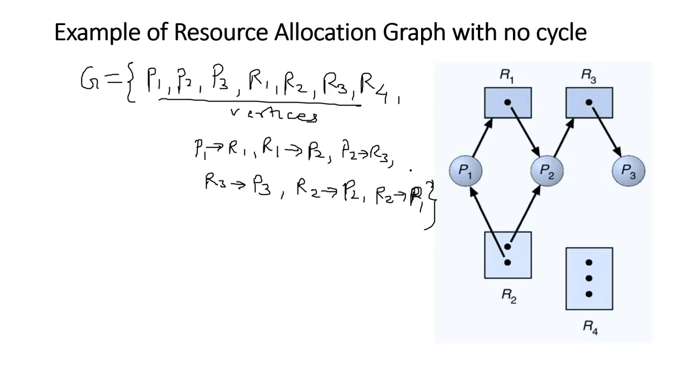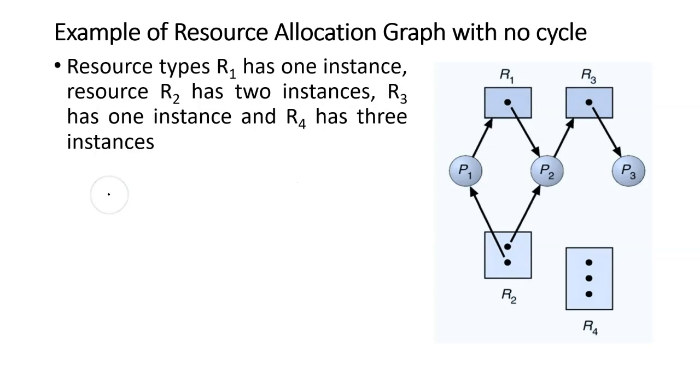In this resource allocation graph, resource type R1 has one instance, R2 has two instances, R3 has one instance, and R4 has three instances.